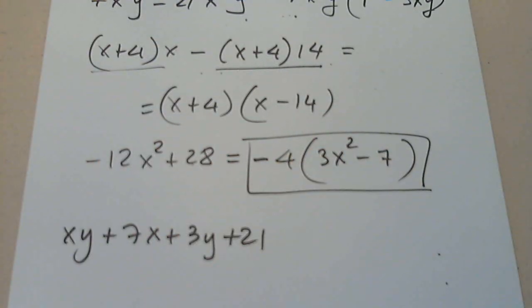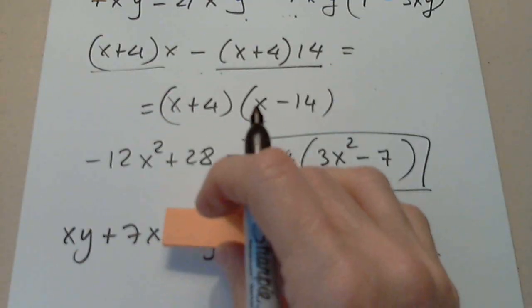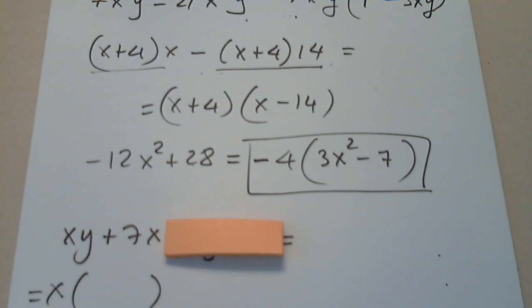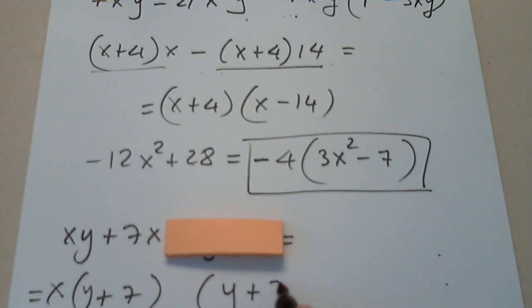My only chance is factoring by grouping. What will we factor out from the first two? X. Very good. What is left in parentheses? Y plus 7. Indeed.